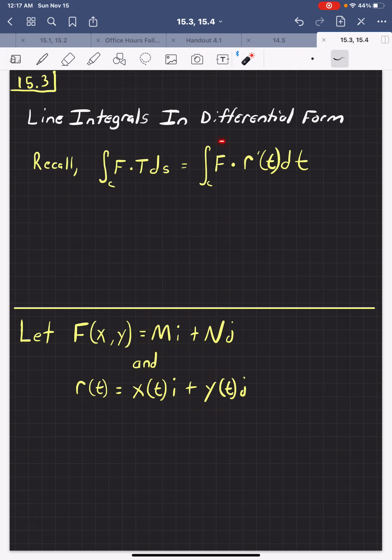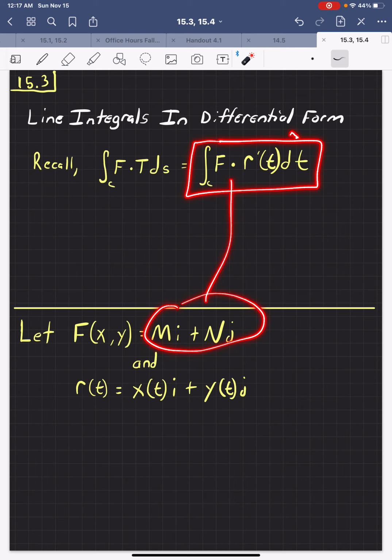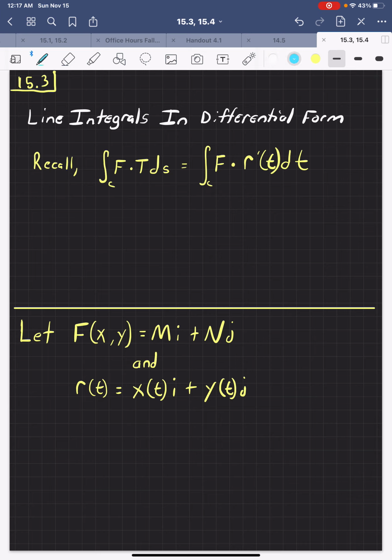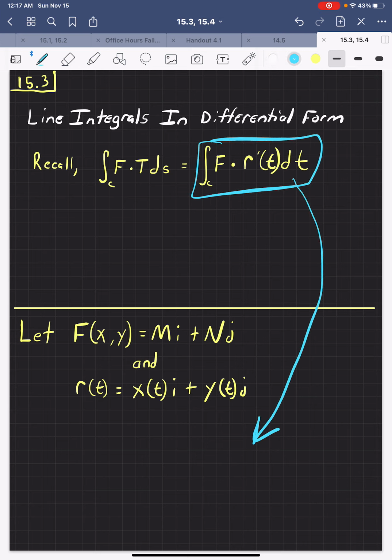Then if you were to plug in what I had here for F, take the derivative of r and then the dot product, what you would find is that you could write this line integral in the following form.